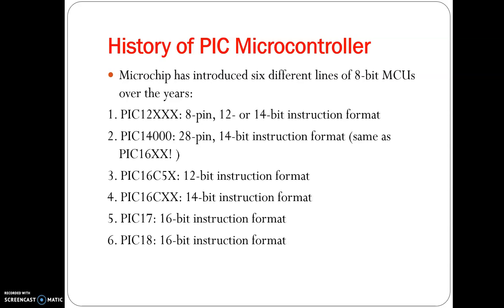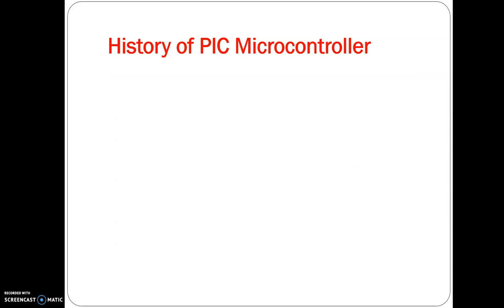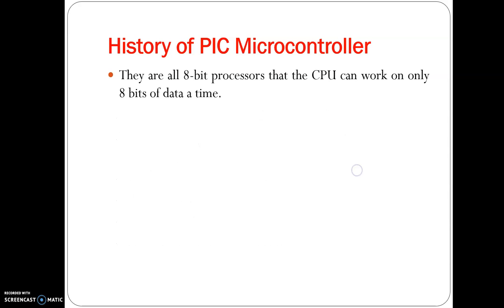The next one is PIC16Cxx, which is a 14-bit instruction format. PIC17 has a 16-bit instruction format. PIC18 has an 18-bit instruction format. They are all 8-bit processors, that is, the CPU can work on only 8 bits of data at a time.